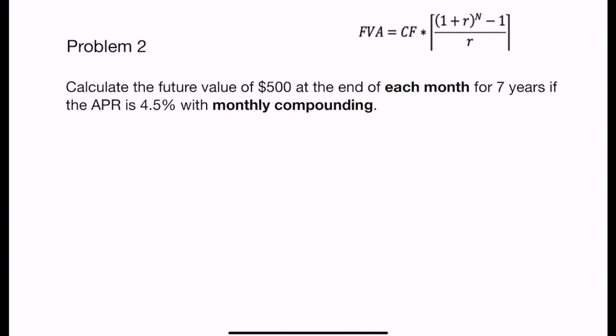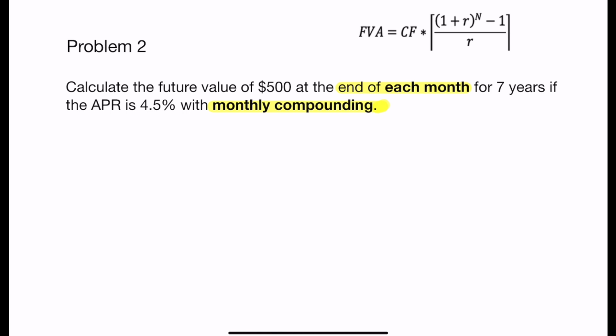Last problem we have here, we're going to take the same cash flow, so $500, but now we switched it to where it's at the end of each month for 7 years, and our APR has monthly compounding. So the two still match, just now they aren't both yearly.